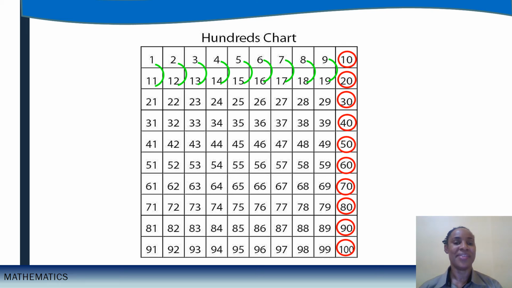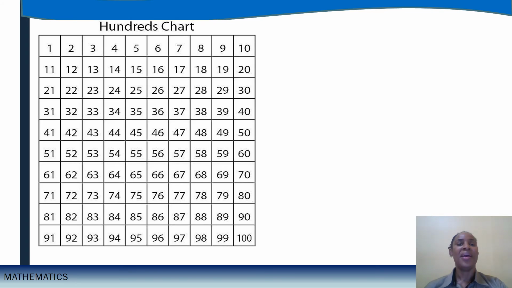Boys and girls, if you said you noticed that we are adding 10 to each of these numbers to get the number below, that is correct. Boys and girls, we will prove that we are adding multiples of 10 to the number in each column to get the numbers below.